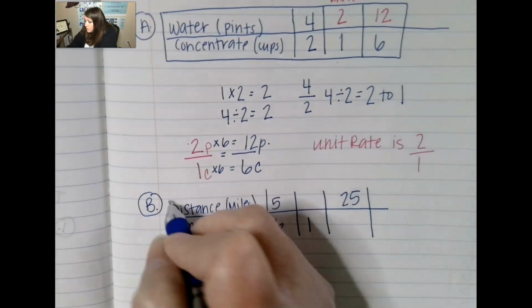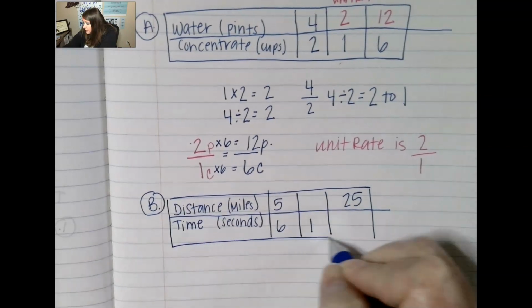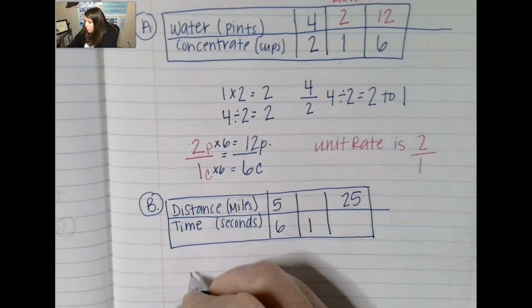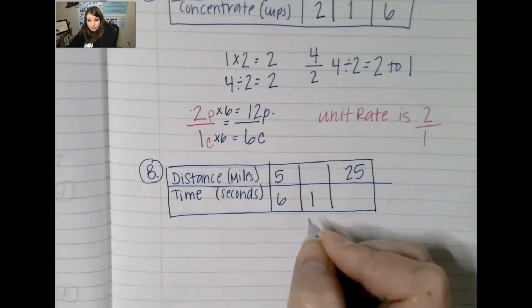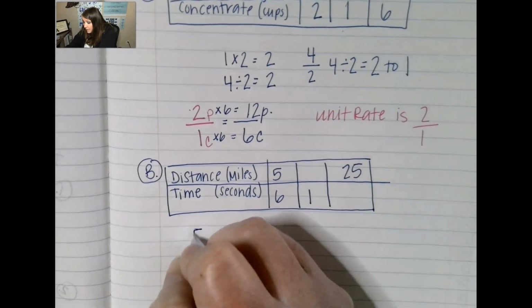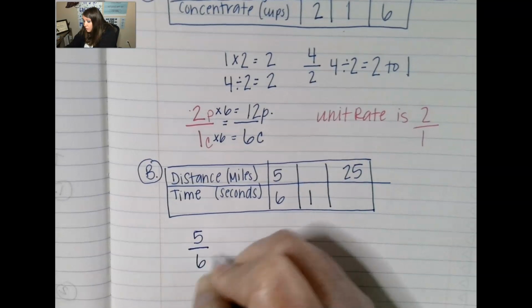Okay, so we're going to use this information. We're going to use the unit rate to help us solve this. So here I have from 6 to 1. Well, to get from 6 to 1, I had to divide. Or let's just start here. 5 divided by 6. That's my initial ratio.